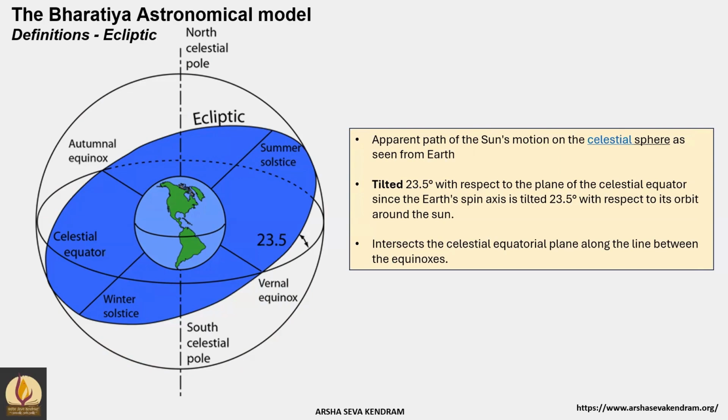So the ecliptic and the celestial equator are different because the Earth is tilted, right? The Earth is tilted at 23.5 degrees, so the celestial equator and the ecliptic are tilted at an angle of 23.5 degrees to each other, which causes the poles to get large amounts of sunlight during their summer times.